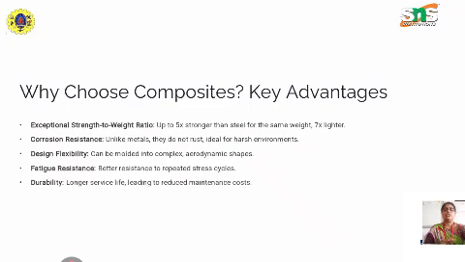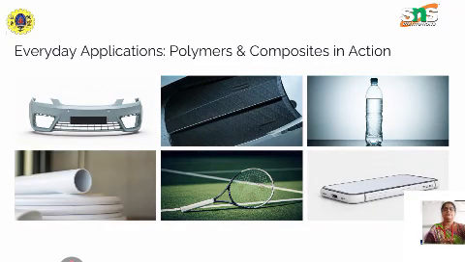Design flexibility: it can be molded into complex aerodynamic shapes, so it can be shaped into any form. Fatigue resistance: better resistance to repeated stress cycles. This is a very important property for durability, giving a longer service life and reduced maintenance cost. So economy matters on the whole.